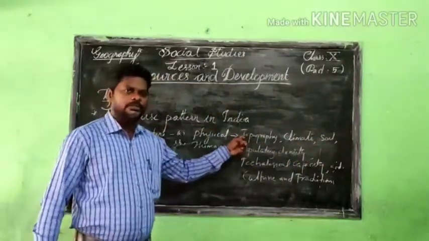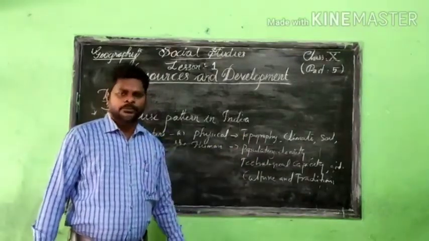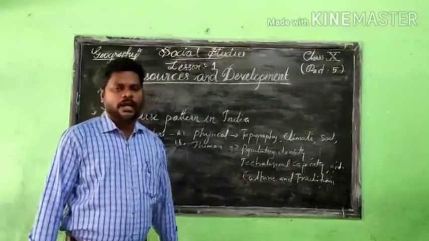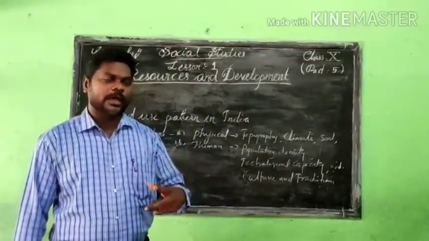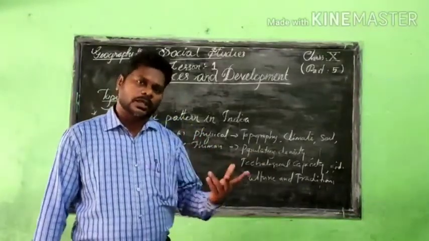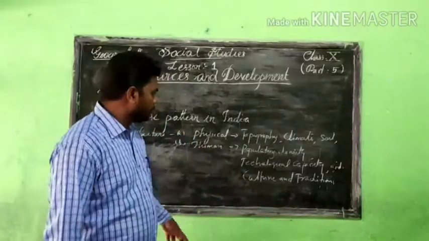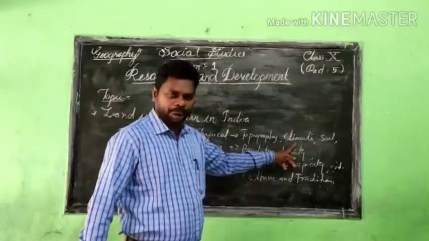Topography is very important because the lands are scattered and the relief features of India are different. There are some hilly regions, and we have different types of soils, and we are unable to cultivate all of them. According to the soil only, the cultivation may change. So soil is very important, and the climate is also very important.